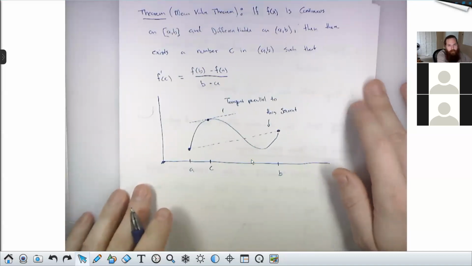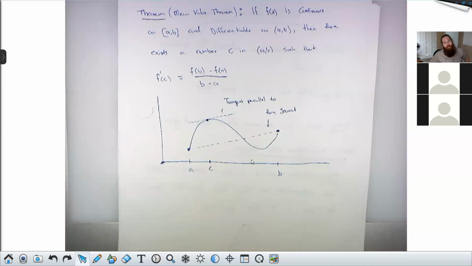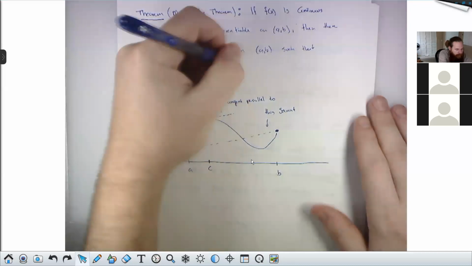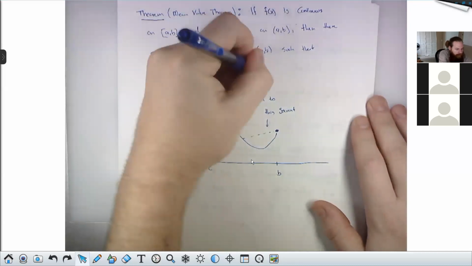And what the mean value theorem says is, if you have a nice smooth continuous curve on a closed bounded interval, then at least one point in the interior of that interval, there is a tangent line parallel to the secant line. So you have to remember what a secant line is. A secant line is a line connecting any two points on a graph. So here, two points on the graph, the line that connects them is a secant line. This guy right here is the slope of the secant.